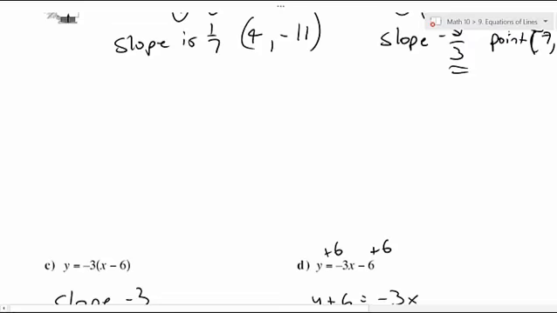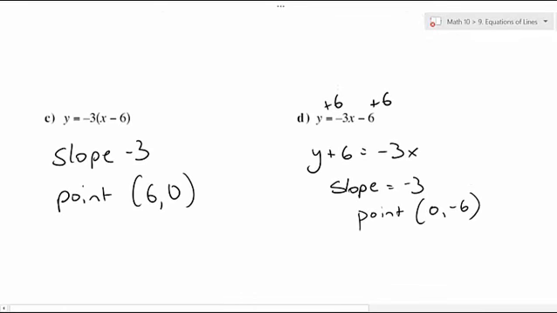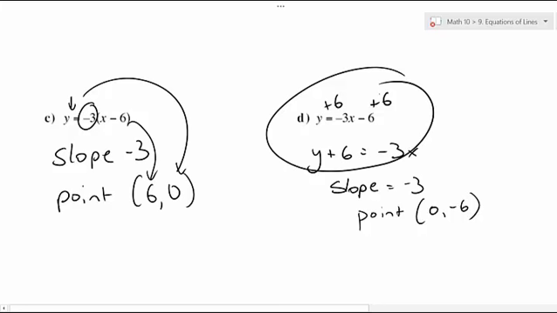Letter C over here. We've got y equals negative 3x minus 6. Our slope is negative 3. We don't have anything here for a y, so our y is going to be a 0, and our x is going to be the 6. And this one is reversed, except we've got this y equals mx plus b, so we just have to add 6 to both sides.